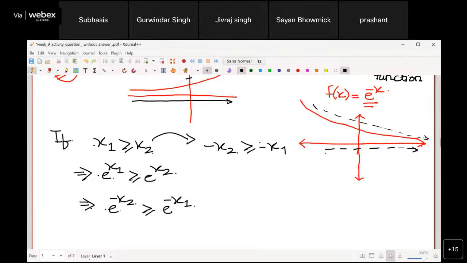By multiplying both sides by minus, the inequality sign changes. Then I can use the fact that e is an increasing function, so e power minus x2 is greater than or equal to e power minus x1. So eventually I'm getting the same thing. I can come from here to here by this step, or by that step. They are basically the same thing.